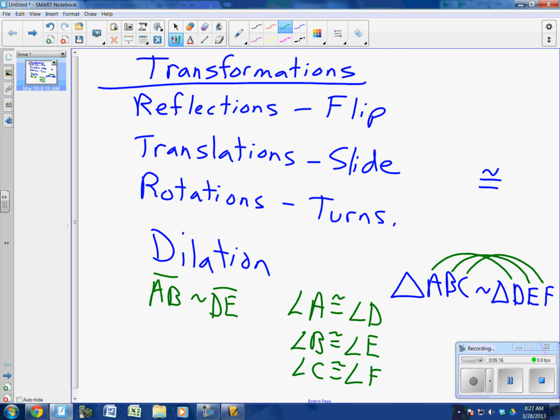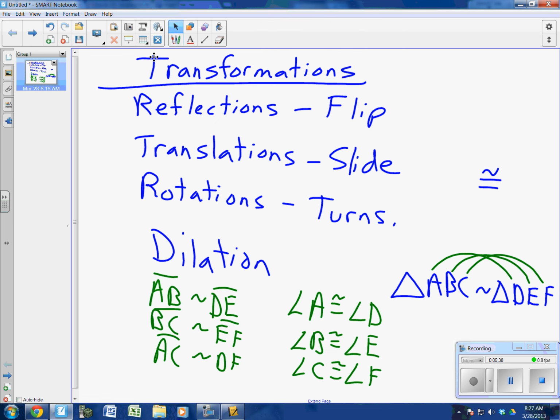BC is similar to EF. What's the last one? AC is similar to DF. Okay. All right, go ahead, finish.